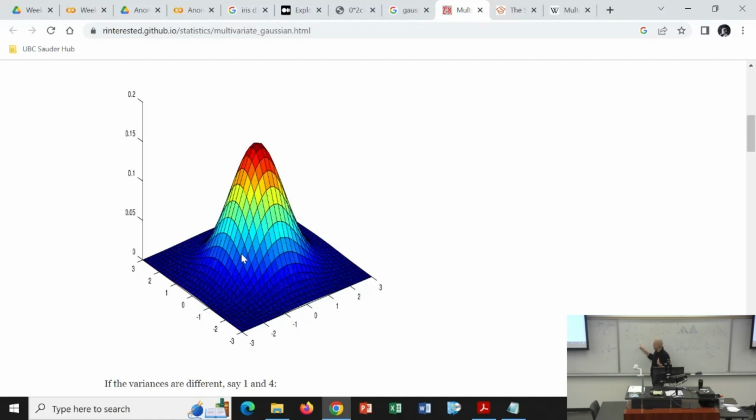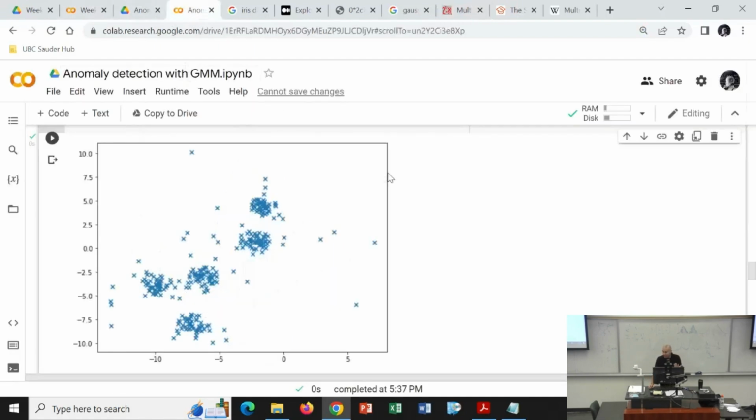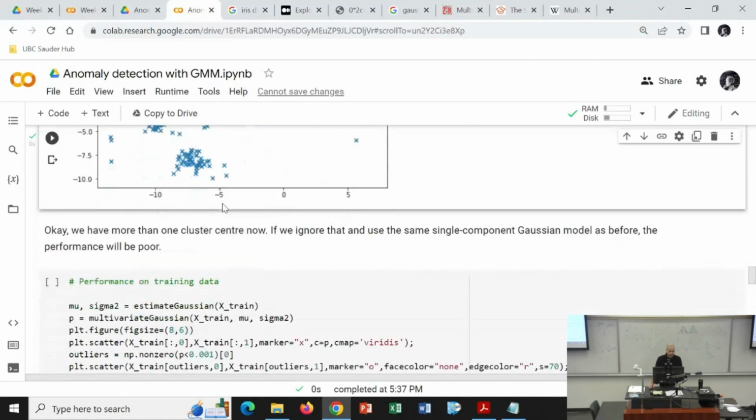Now, if you can imagine a matrix that is 3 by 3, this means a bell in 4 dimensions. And a larger matrix with 10 rows and 10 columns means a Gaussian distribution in 10 dimensions. It definitely exists mathematically. We just cannot wrap our heads around it. And that's where the application is.